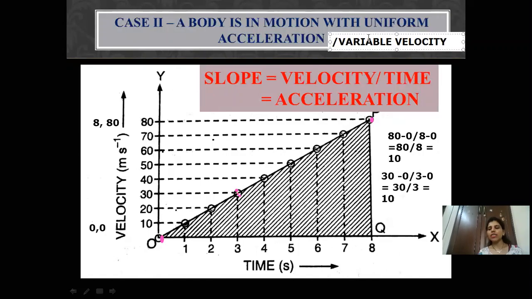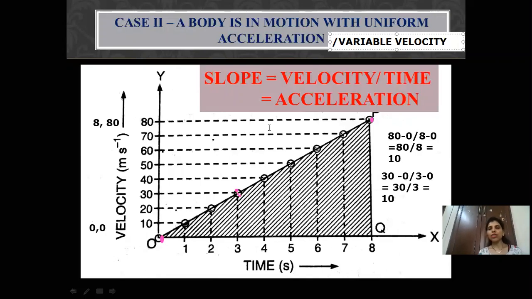Okay, so if it is asked what type of motion is depicted by this particular graph, you have to write the body is in motion with uniform acceleration or variable velocity, and if you find the slope for this graph, which particular physical quantity will be given? So you have to write acceleration.